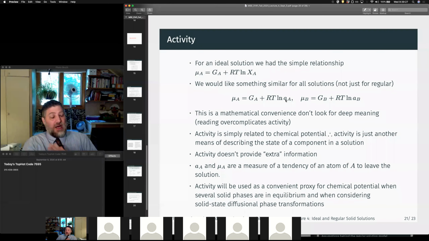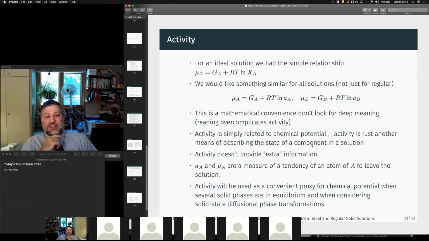And because of that nice little relationship, it allows us to substitute the activity for the chemical potential in a lot of cases.